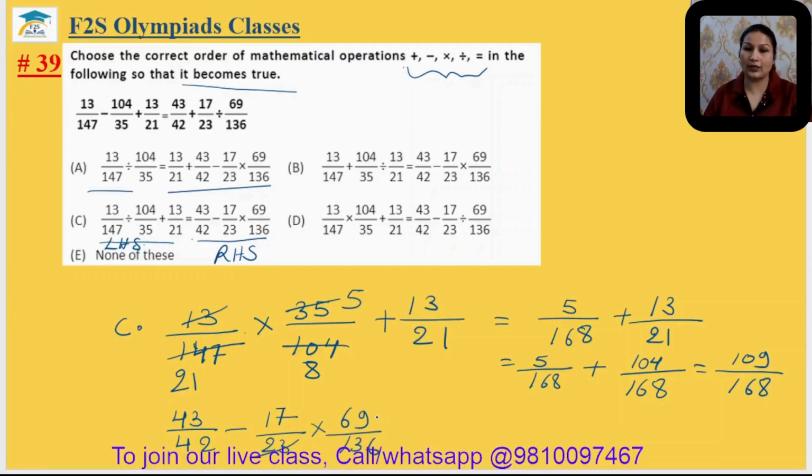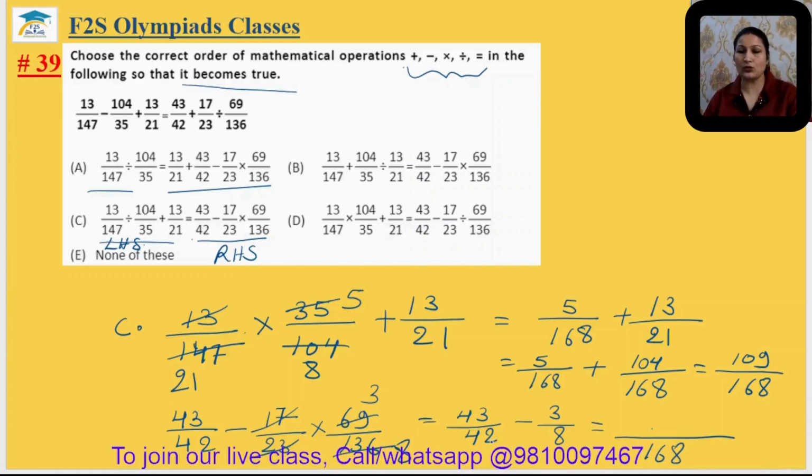So 23 3s are 69, 17 8s are 136. Okay? So 43 by 42 minus 3 by 8. If you take out the LCM of 42 and 8, so you can find 168.